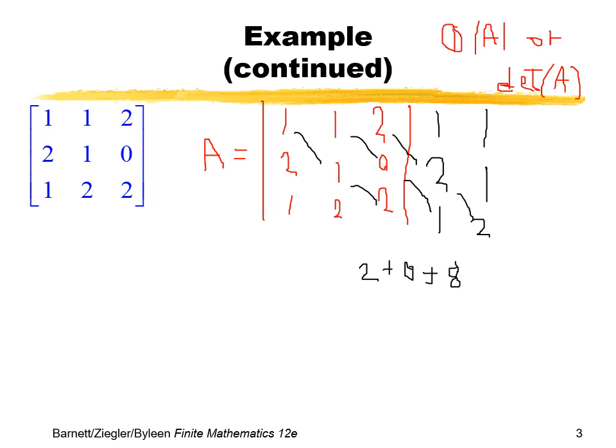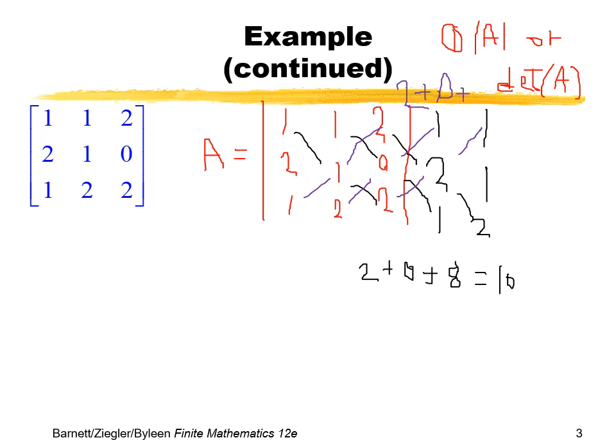So the going-down diagonals equal 10. The going-up diagonals are 2, 0, and 4.